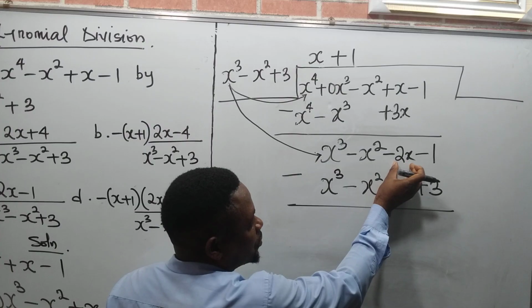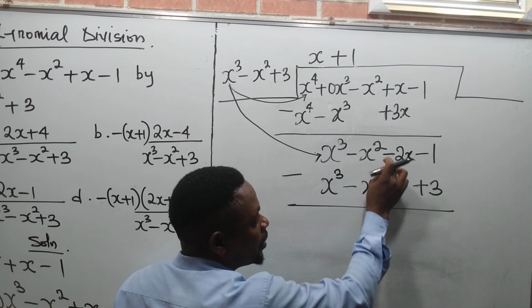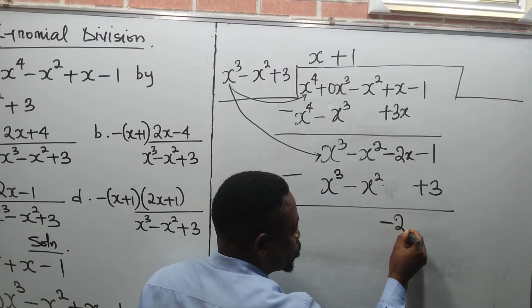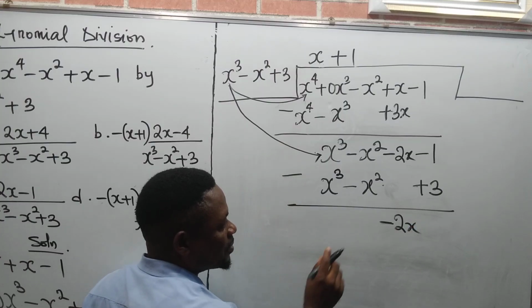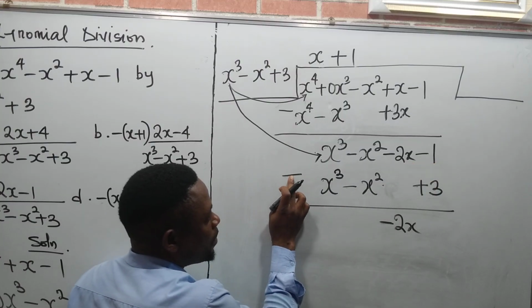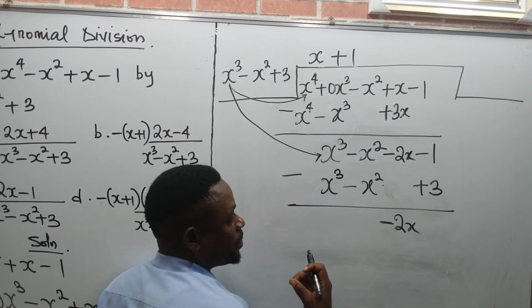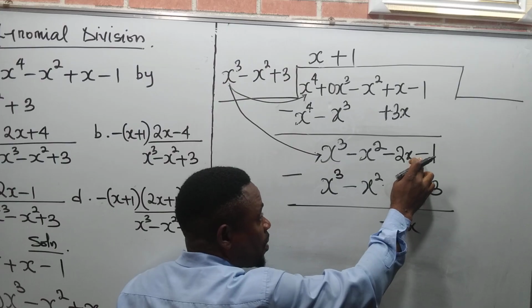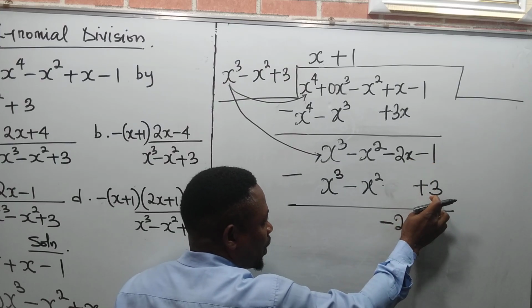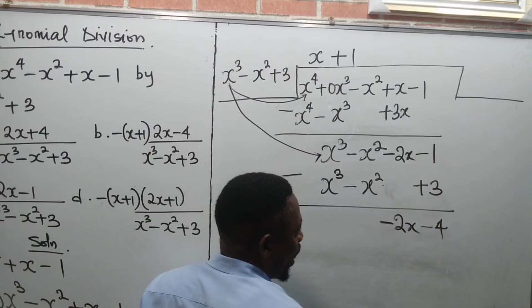Now observe this, it has no family. Then bring it down. Here is minus 2x. Then lastly is minus 1 minus plus 3. You know that minus plus is minus. So it now becomes minus 1 minus 3, which is minus 4. Are you with me now?